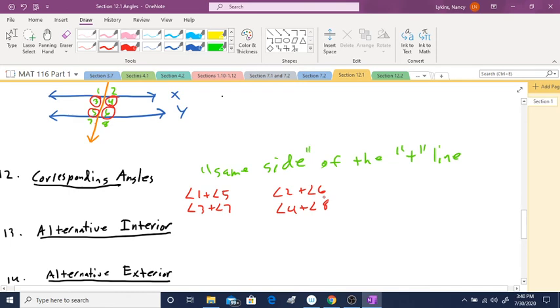Okay? Alternate interior. Think of it, in a way, as a cross. So take a look at 3. What angle looks like 3? Well, across from 3 is 6.